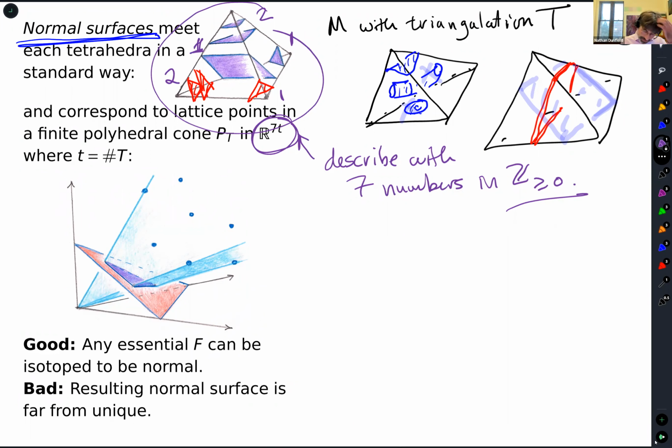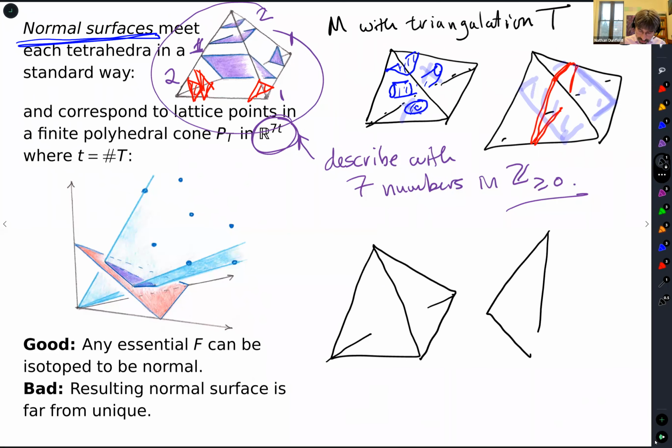Maybe to explain that, and also to explain some of the structure, let's say I have 2 tetrahedra in my 3 manifold. And let's say that these 2 faces here are actually glued together. They're actually adjacent, but let me not draw them that way.